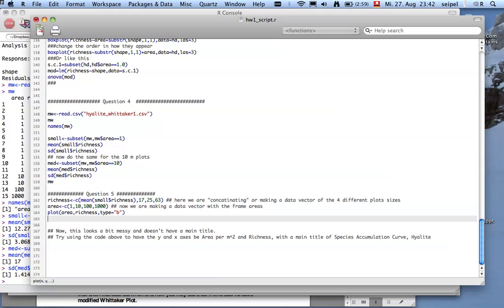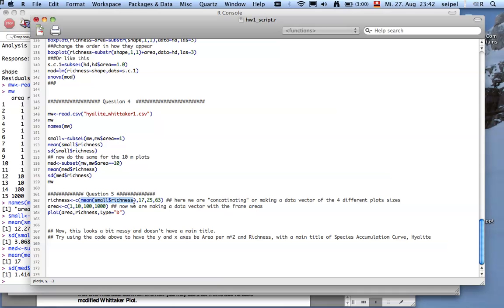You can find the data from up there, and you should check my data, but I made this vector richness by concatenating this vector. C stands for concatenating, which means to put together.